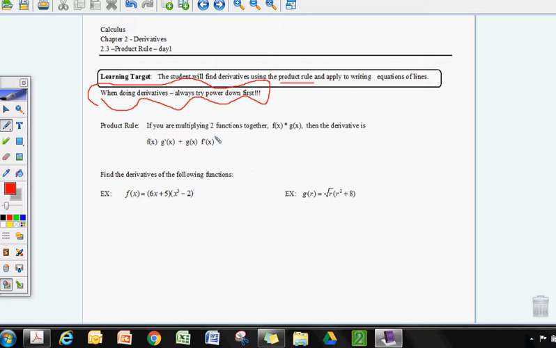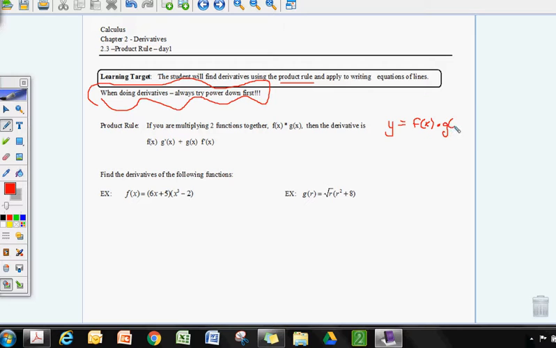So now the product rule says if you're multiplying two functions together, my equation would be y equals f of x times g of x.